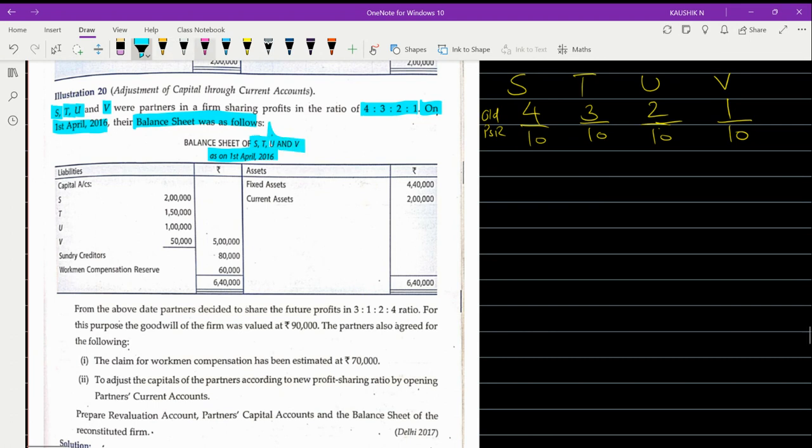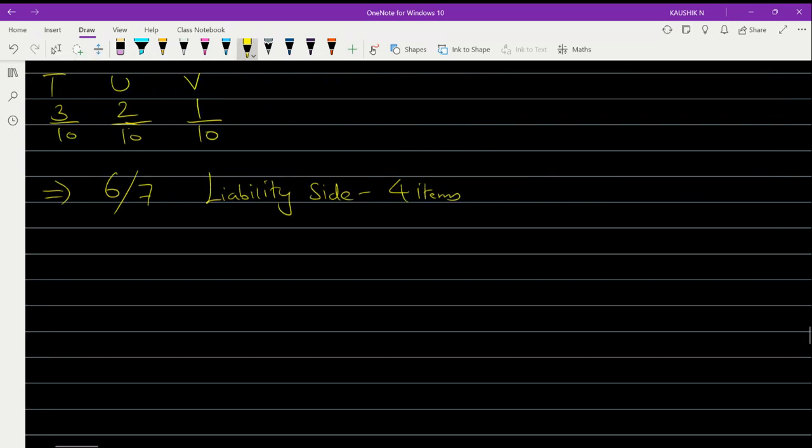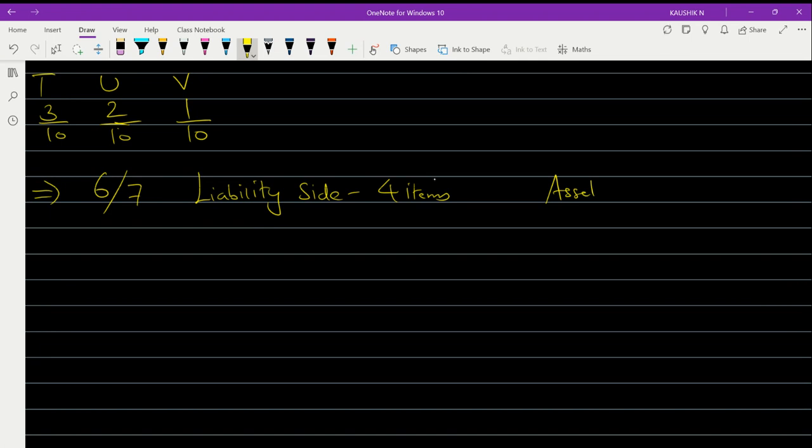Always remember, whenever you consider any balance sheet, first give importance to these six items out of seven items. So in the balance sheet, there are totally six important items out of seven, on the asset and the liability side. On the liability side, you have got four items, and on the asset side, you have got three items.